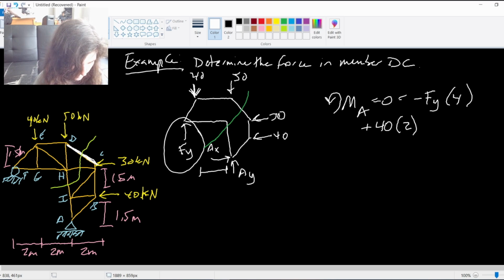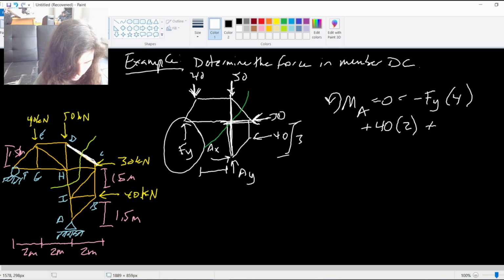Then going on down the line, 50 does not count because it passes through the line of action of A here. Next I'll have this 30 applied force. It is going to be going counterclockwise, so it's positive, and it is 3 meters away.